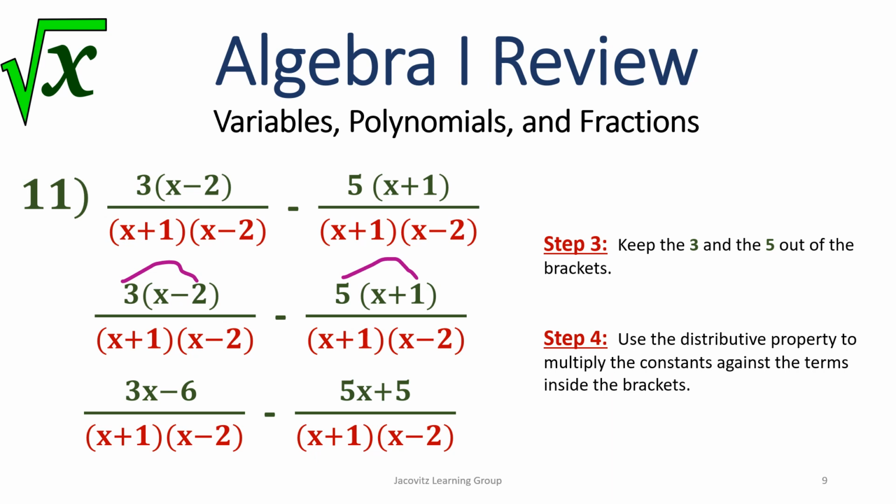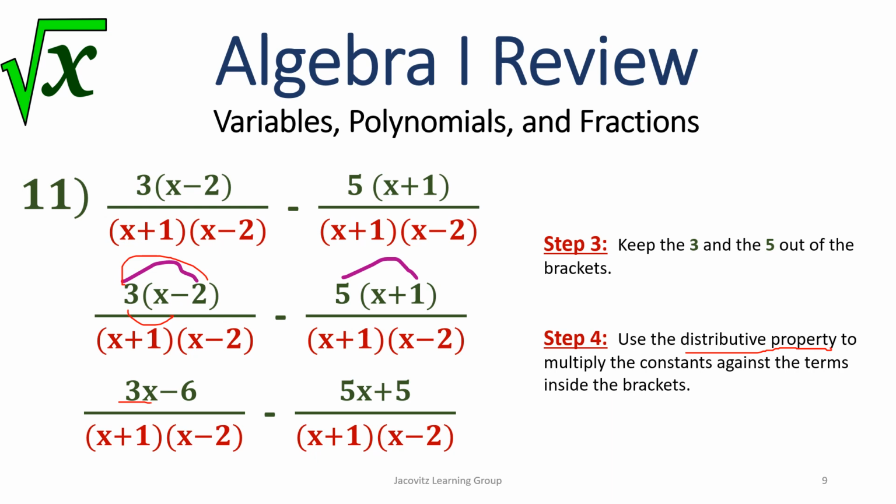Okay, so your common denominators are the same on both sides of the equation. Now you can take care of your numerator. It's a distributive property. So 3 times x is 3x, that's what's here. And this 3 minus 2, keep in mind this is negative 2, it's still going to leave this negative 6.